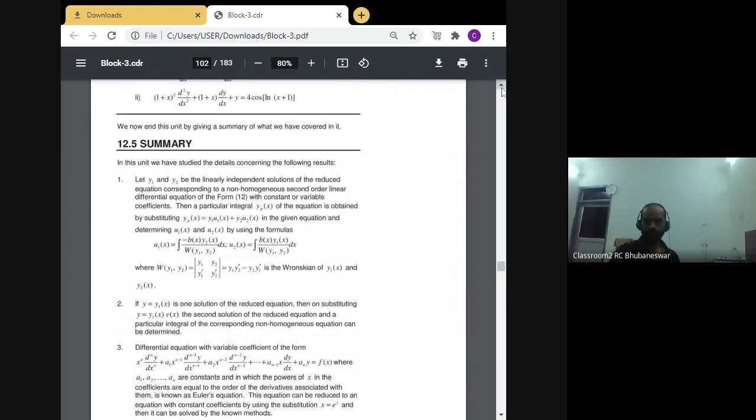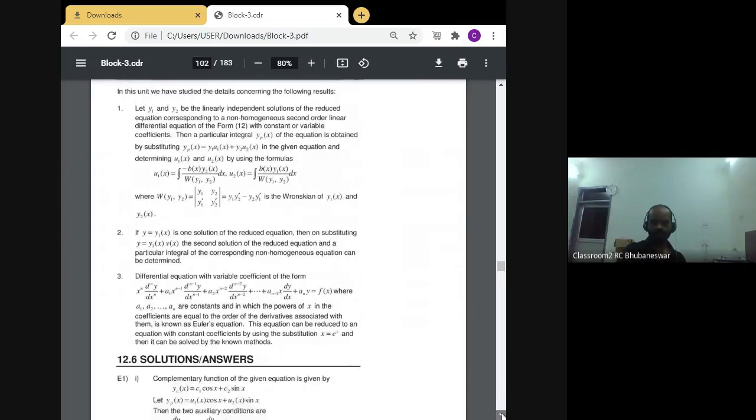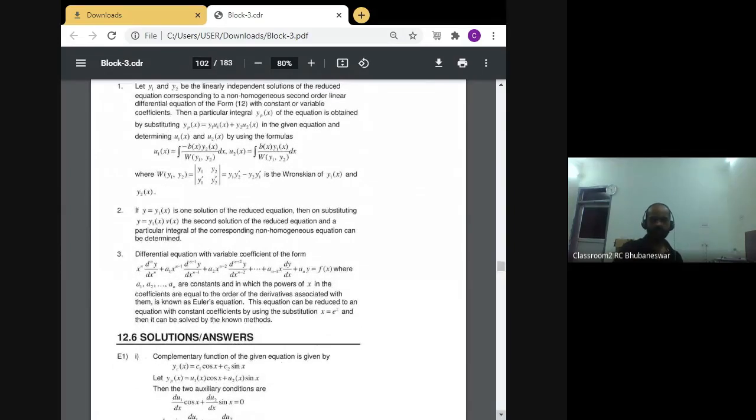In this particular unit, we have covered the solution procedure of the method of variation of parameters. In this method, we used the values of u1 and u2 as a standard formula to find the particular solution y of the non-homogeneous differential equation. Then we discussed reduction of order, that is, how we can approach a differential equation to get its solution by reducing its order.